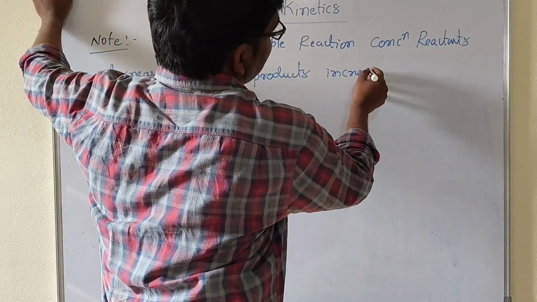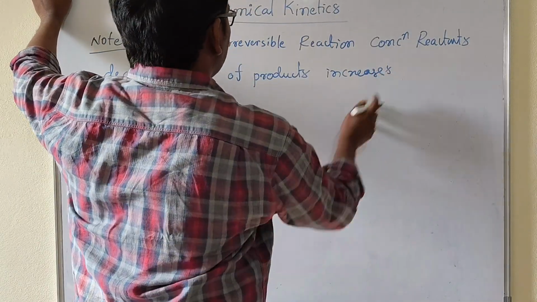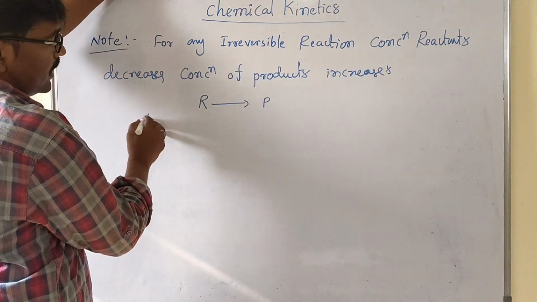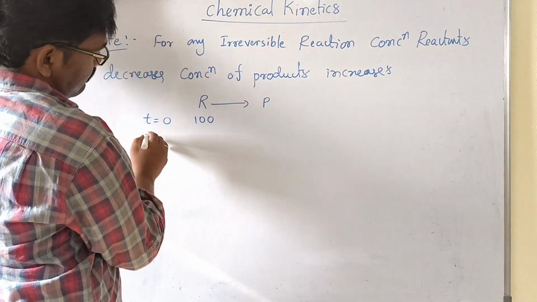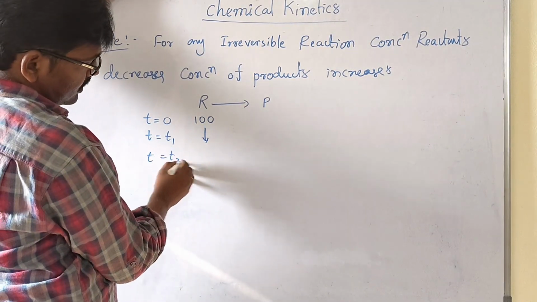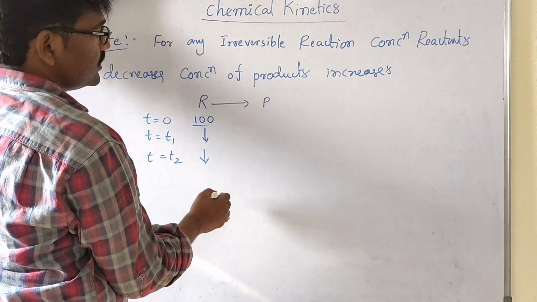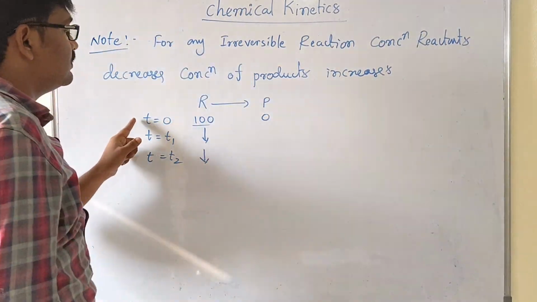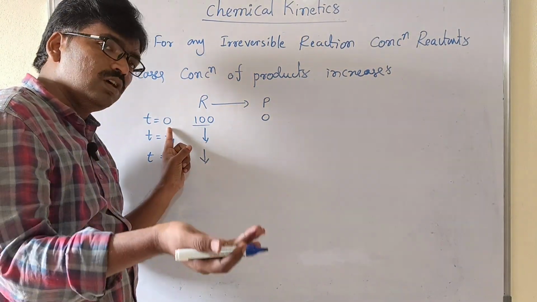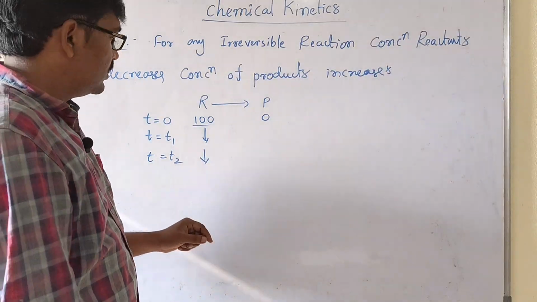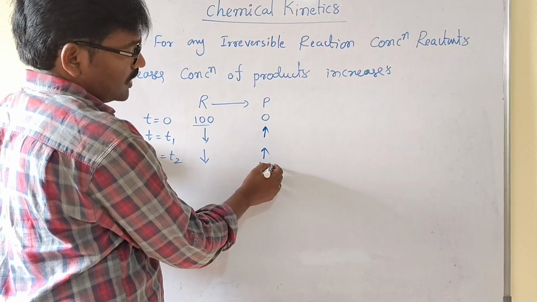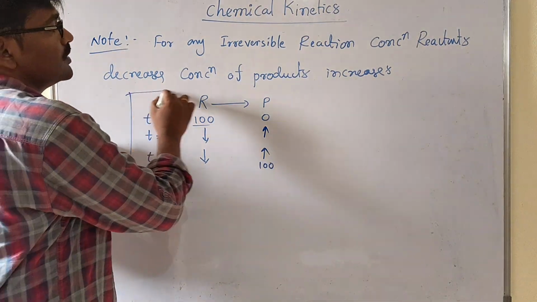Now we are discussing how. If a reactant is converted into product, at time t equals 0, say 100 reactant molecules are there. When time progresses, that decreases. Concentration decreases. At the same time, at time 0, before the reaction starts, the product concentration is 0. When time progresses, the concentration of product increases. Finally it becomes maximum. So this is for irreversible reactions.